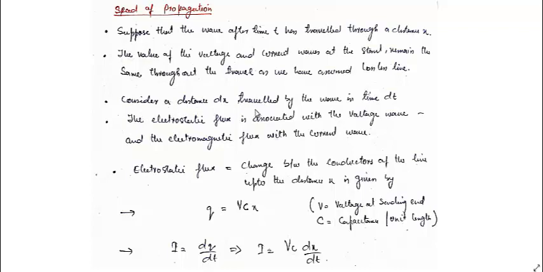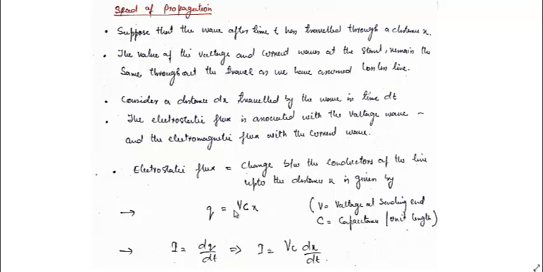Consider a distance dx traveled by the wave in time dt. The electrostatic flux is associated with the voltage wave and the electromagnetic flux is associated with the current wave. So the electrostatic flux, that is the charge between the conductors of the line after distance x, is given by, because electrostatic flux is nothing but charge, Q equal to C into V, but here C is capacitance per unit length, and for the length of x, total capacitance will be Cx.